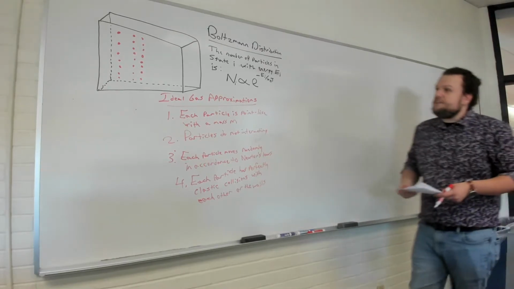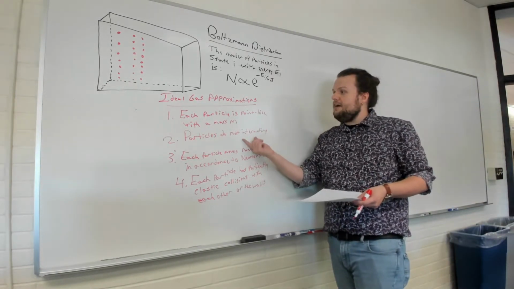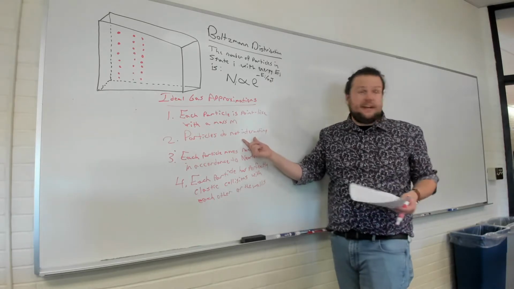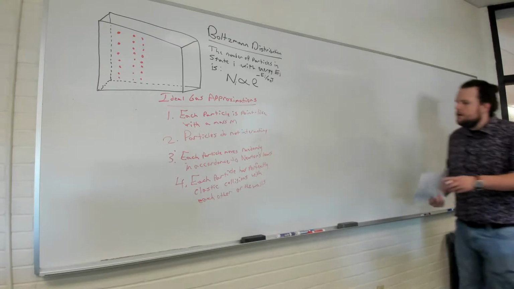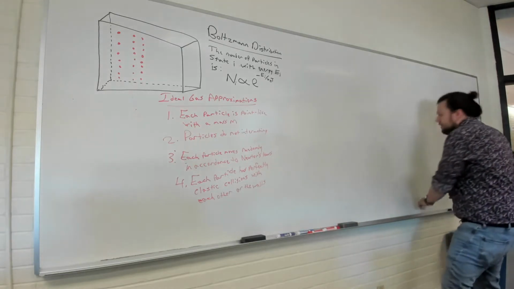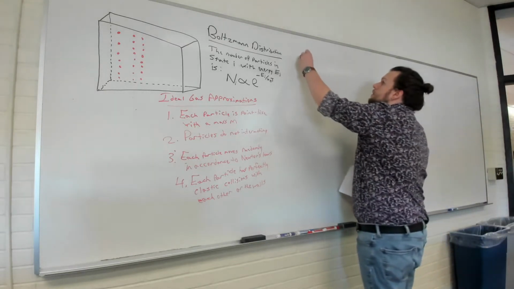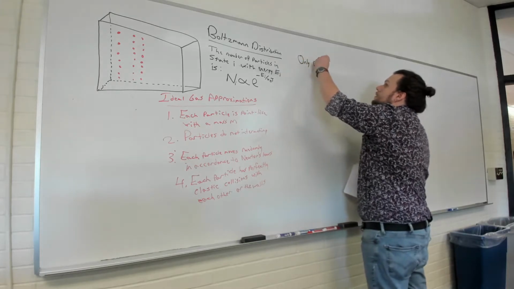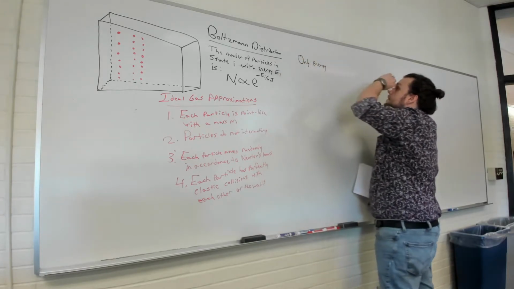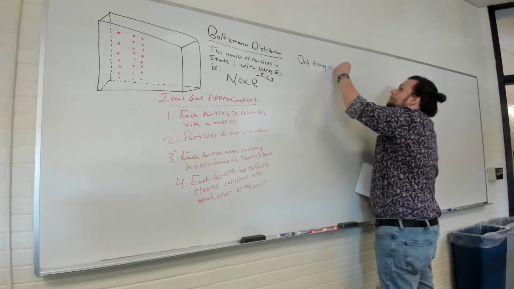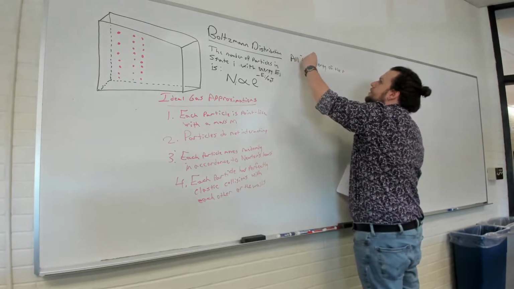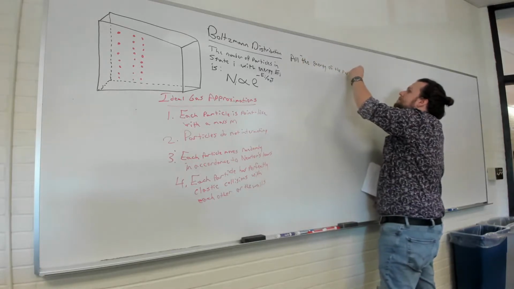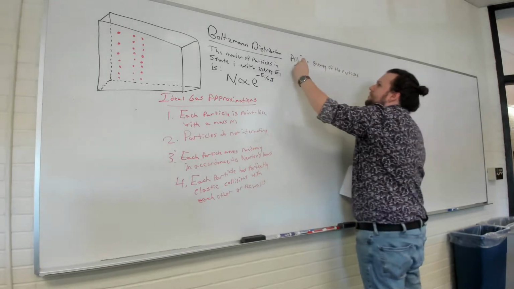Since the particles are point-like, they don't have any interactions. There's no potential energy. There's no gravity, so let's ignore gravity here too. So that means all the energy of the particles, or the atoms, is kinetic energy.